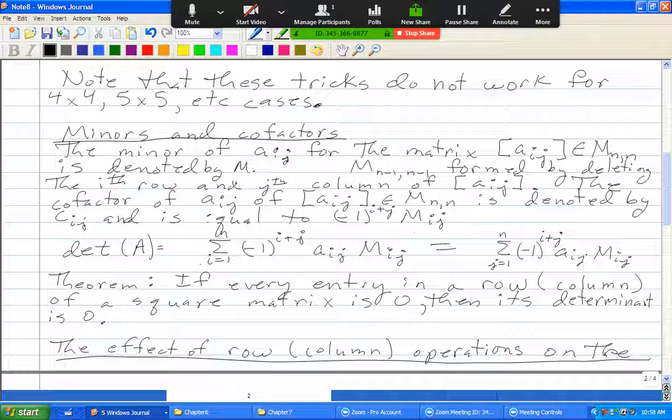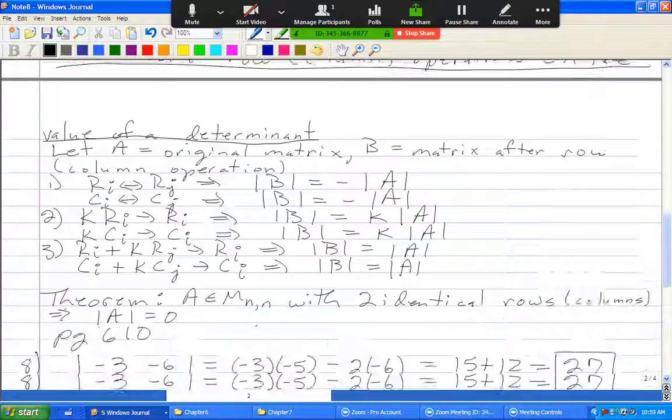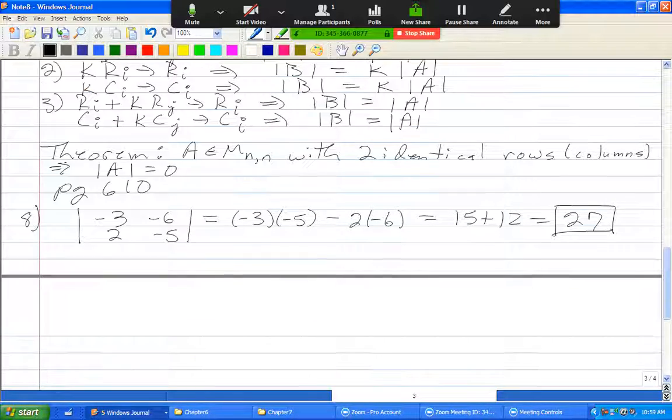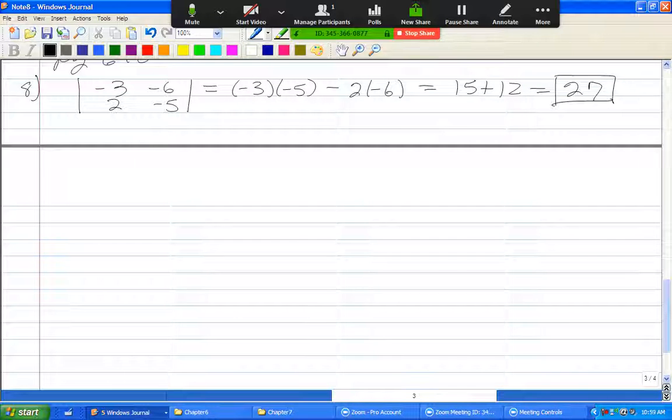Denoted by Mij is the determinant of an n minus 1 by n minus 1 matrix formed by deleting those. They put the determinant inside the summation.